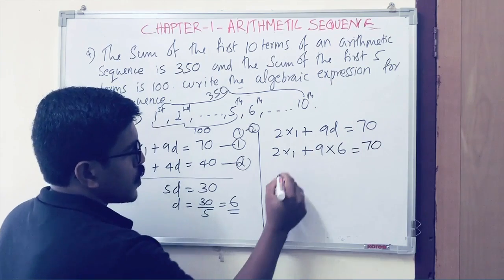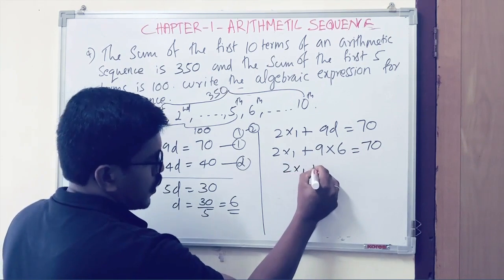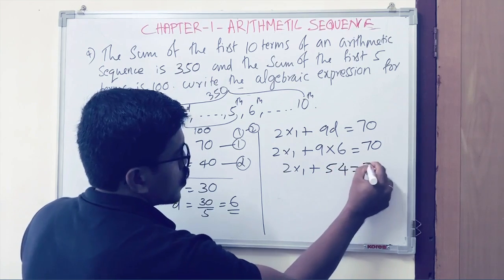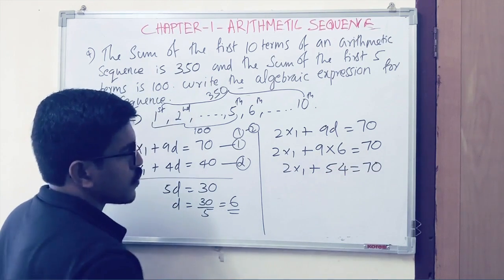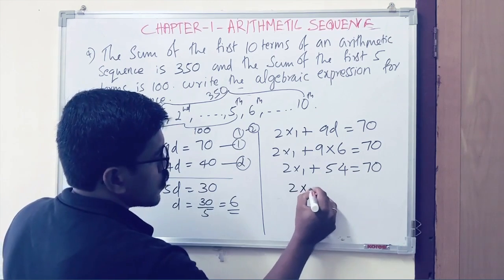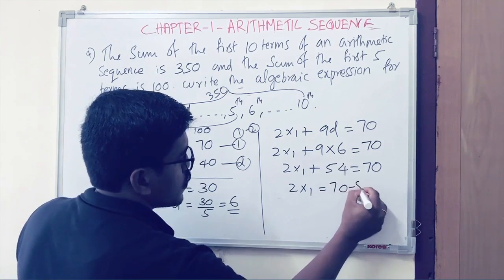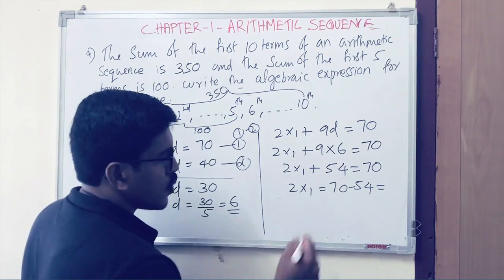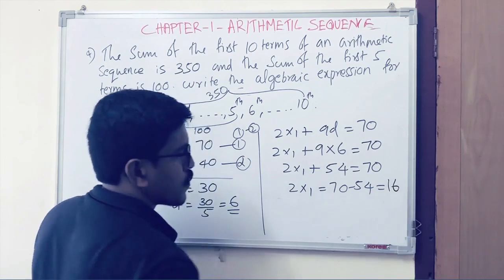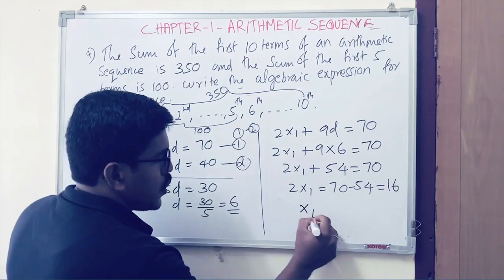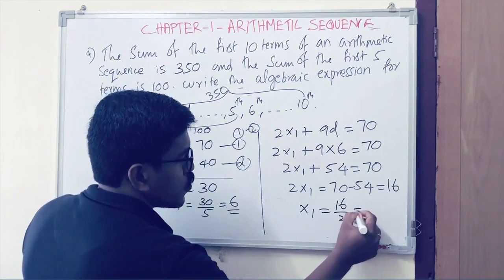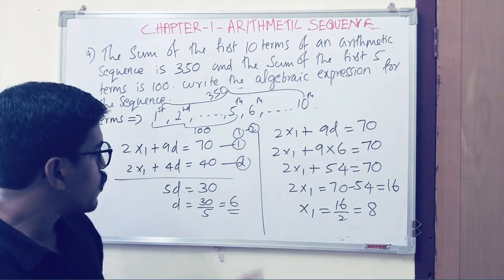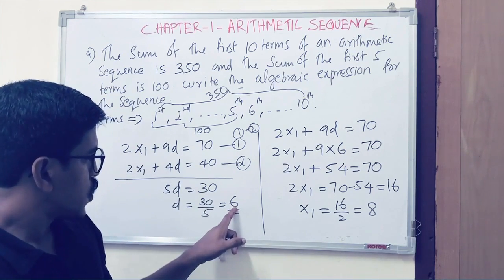So 2x1 is equal to 70 minus 54. 70 minus 50 is 20, 20 minus 4 is 16. So x1 is equal to 16 by 2, which is 8. We got the first term as 8 and the common difference as 6.